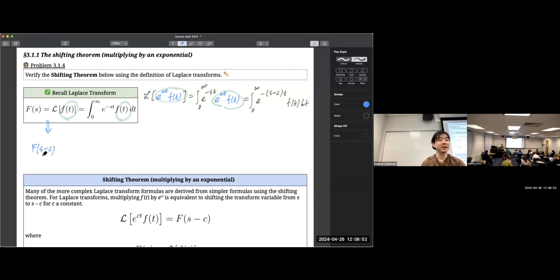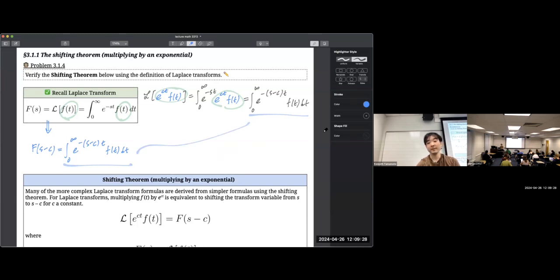It's a horizontal shift to the right by c. If you make s be s minus c, then this is the same as the integral from 0 to infinity of e to the negative (s minus c)t f of t dt. Then I'm going to make an observation about this right here and this right here.